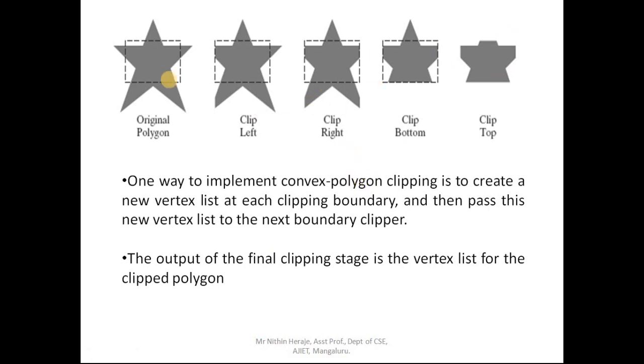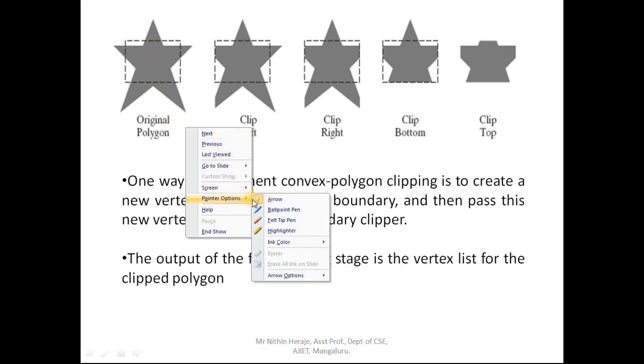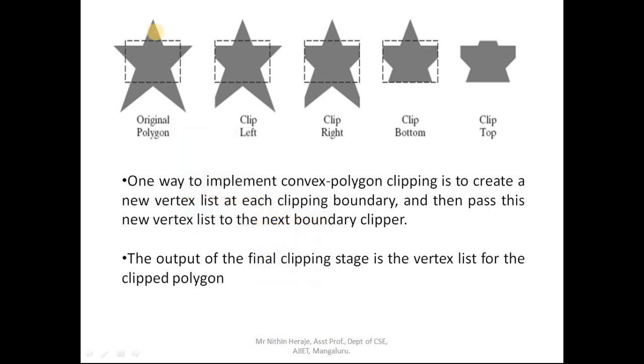Coming towards this figure, this is the original polygon, and the dotted lines form a rectangle box, which we call the clipping window. First we go through the left clipping.